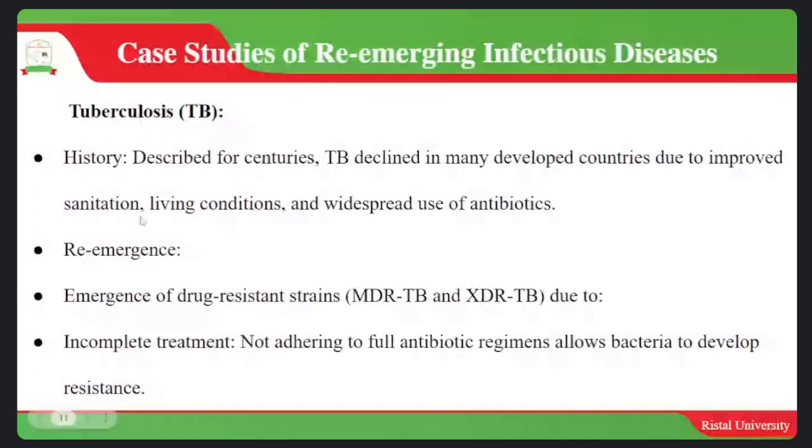Re-emergence occurred in some parts of the world due to the emergence of a drug-resistant strain, and these strains came up due to incomplete treatments. Patients were not adhering to full antibiotic regimens, allowing the bacteria to develop resistance, thereby emerging these two strains.